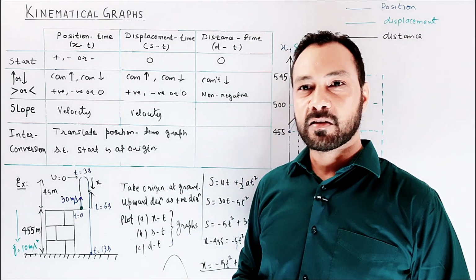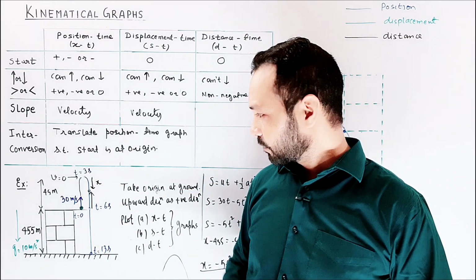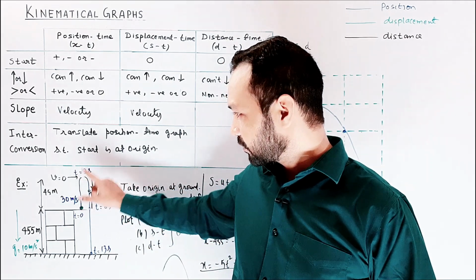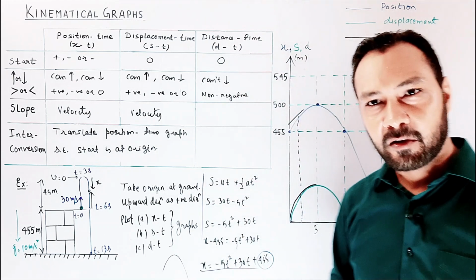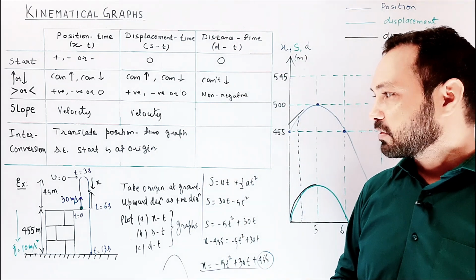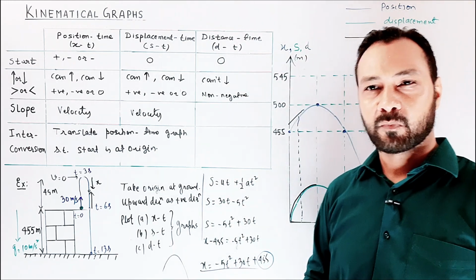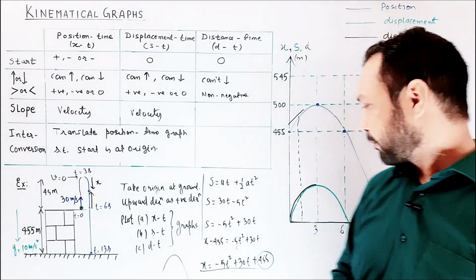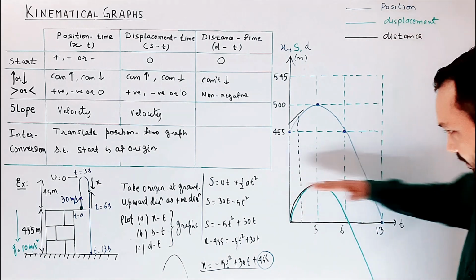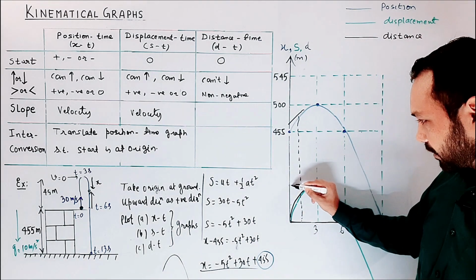And what is the distance? Distance keeps on increasing. So distance from here to here is 45 plus x. So if after turning the particle is displaced by x, the displacement is 45 minus x, then the distance is 45 plus x.